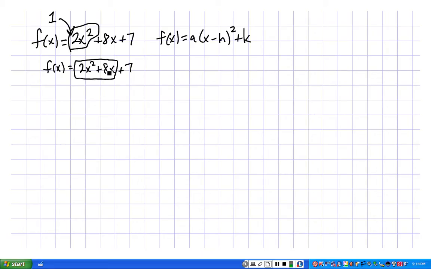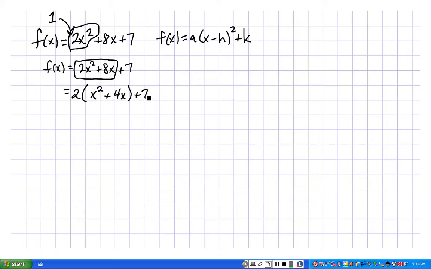I have an 8 here, so I can factor a 2 from this 2 and this 8, and so now I pull the 2 out. Now I've gotten the 2 off of my x squared, and that leaves me plus 4x plus 7.